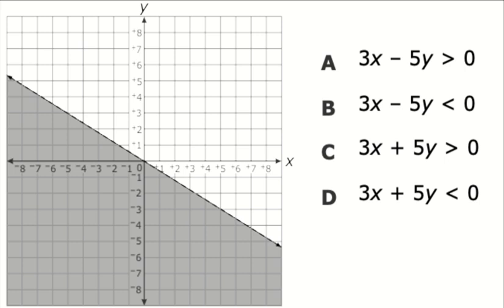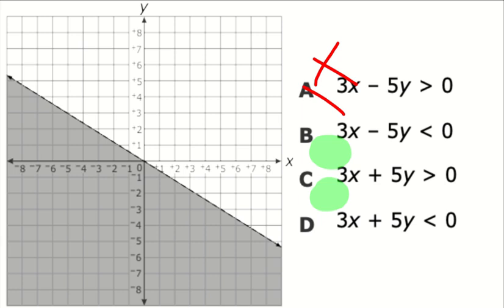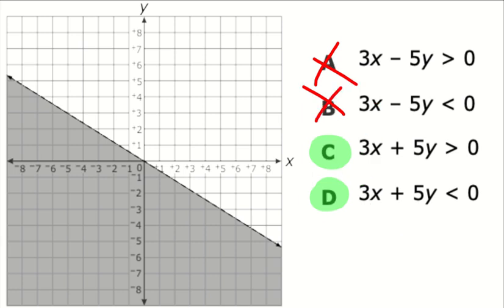So which answer choices have a negative slope? C or D, right? A and B have positive slopes because you do opposite of A over B, okay?